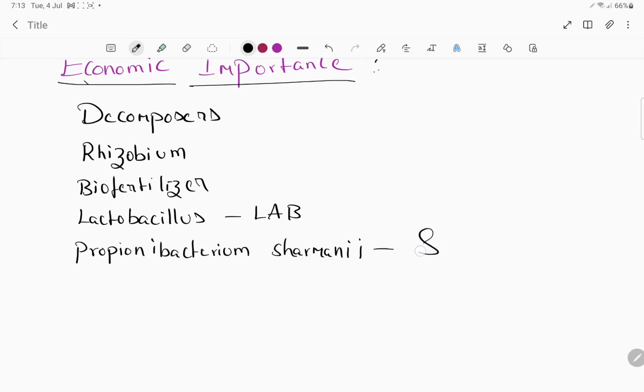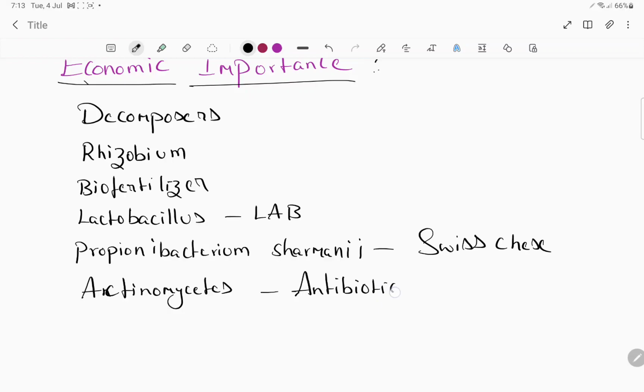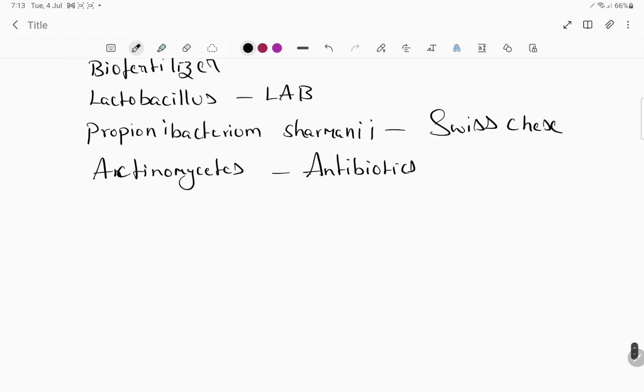Actinomycetes are used to produce antibiotics. Acetobacter aceti, acetic acid.